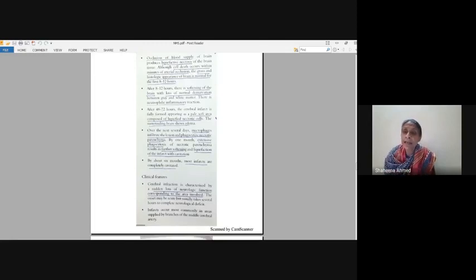Now, cell death occurs within 2 to 3 minutes of the occlusion of the artery, because these are very sensitive cells. They cannot exist for more than 3 to 4 minutes in the absence of oxygen. But the changes in the tissue, you will start observing after 8 to 12 hours of the infarction.